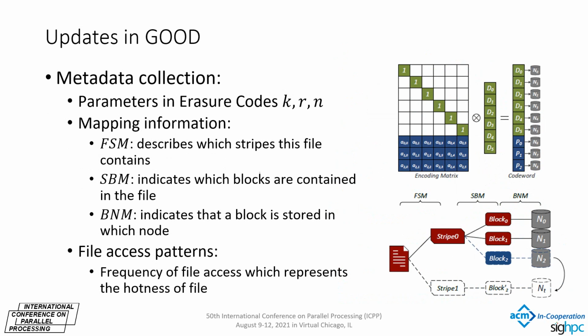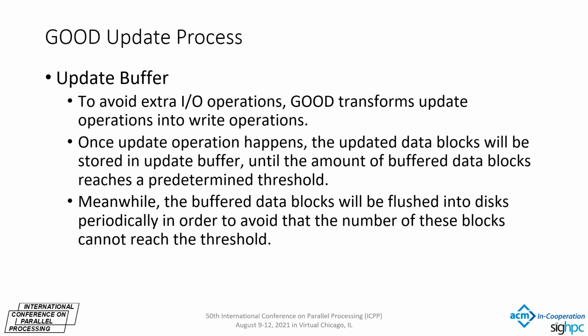I will first illustrate the update process. In the beginning, some metadata is collected, including parameters of erasure codes, mapping information, and file access patterns. To avoid extra I/O operations, GOOD transforms update operations into write operations.